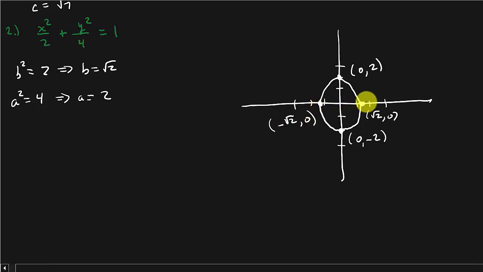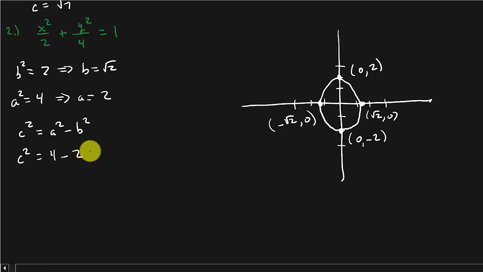All right. And so let's see, our foci, that's going to be along here, right? So we know c squared is equal to what? A squared minus b squared. So c squared is equal to 4 minus 2. See the 4? That's a squared.